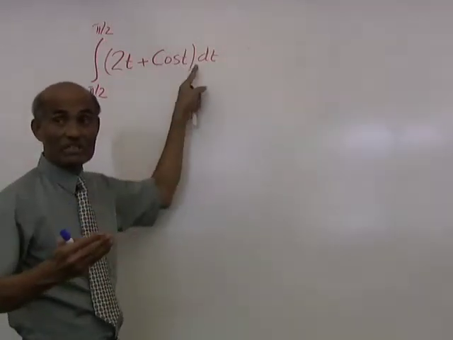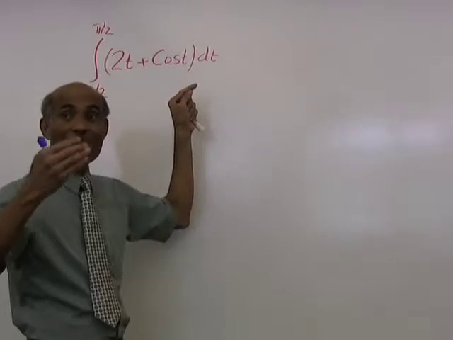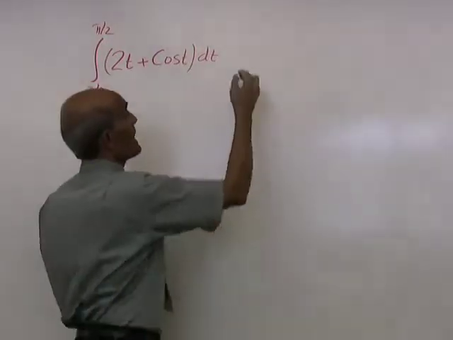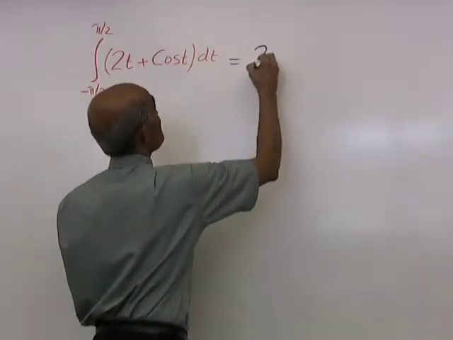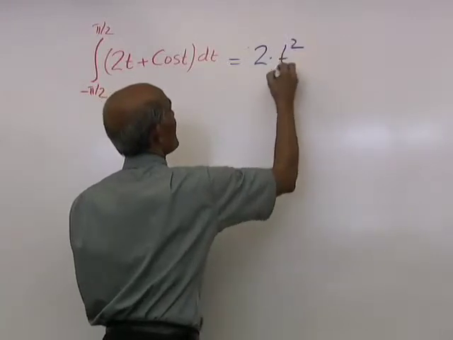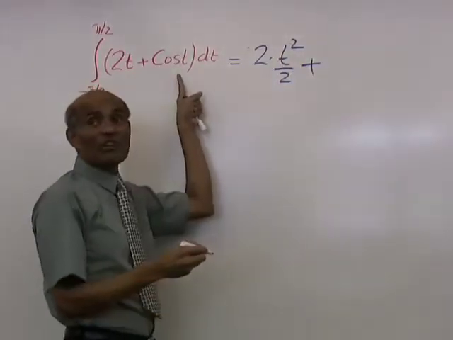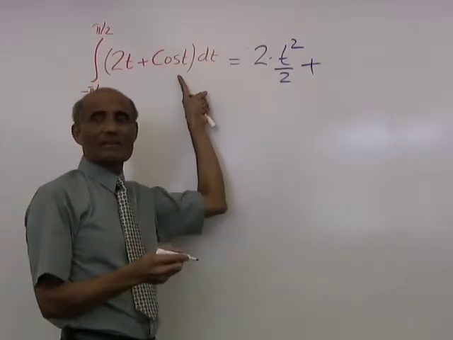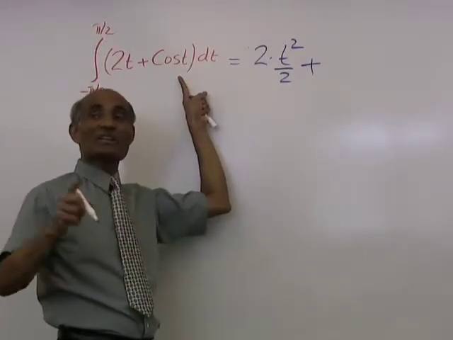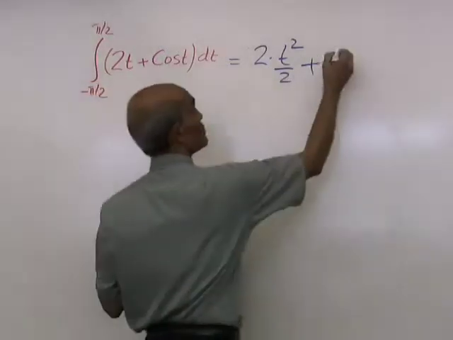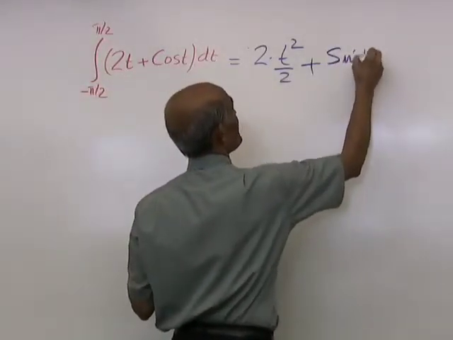Integral of t dt is t squared over 2. So that will be 2 times t squared over 2 plus, what is the integral of cos t? Integral cos t is sine t. So that will be plus sine t.